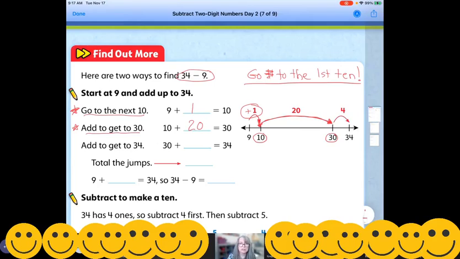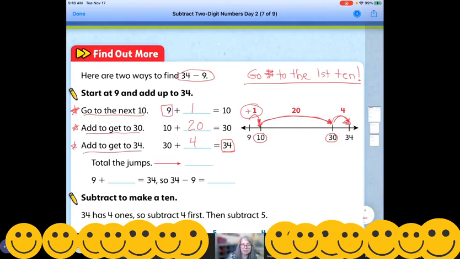And now we just need 4 more to get to 34 because that's where we wanted to end. Remember, we started at 9. We wanted to find how much is in between 9 to 34 to get our answer. So that last jump was 30 plus 4, and that got us to 34. So that was the third step, okay?